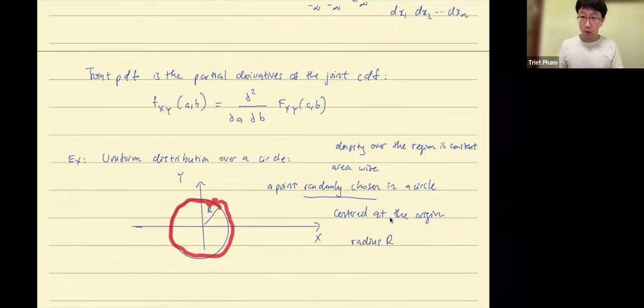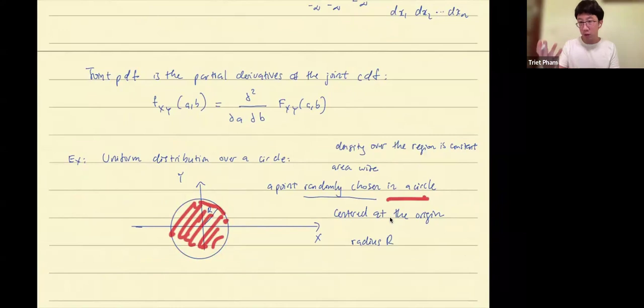Basically anything with lower dimension than 2 has probability 0. But anyway, the support is either inside the circle, or inside the circle including the boundary. It's the same thing.